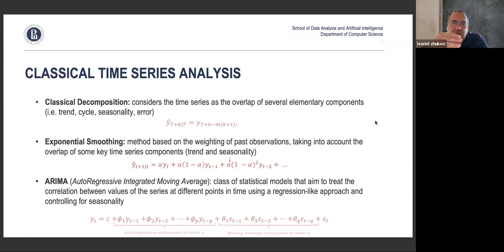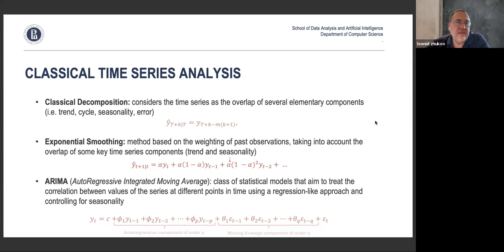As a formula here, I'm showing you a slightly different one. If you're talking about seasonality, that means the value at time t plus h can be predicted through the value m steps away, if the period for the seasonality is m. So that decomposition is almost done by hand, right?